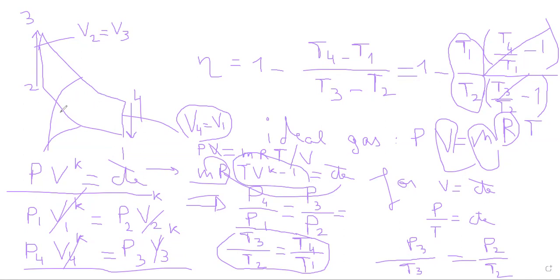And now I can relate the ratio T1 to T2 to the ratio of volumes, because from 1 to 2, since it's an adiabatic process, I can write that T V^(k-1) is constant. So T1 times V1 to the power k minus 1 is equal to T2 times V2 to the power k minus 1.